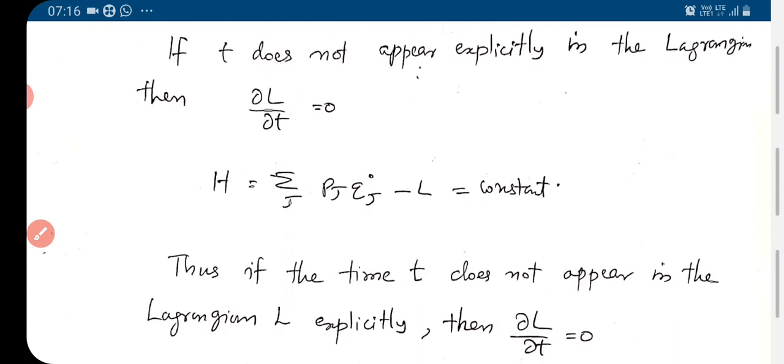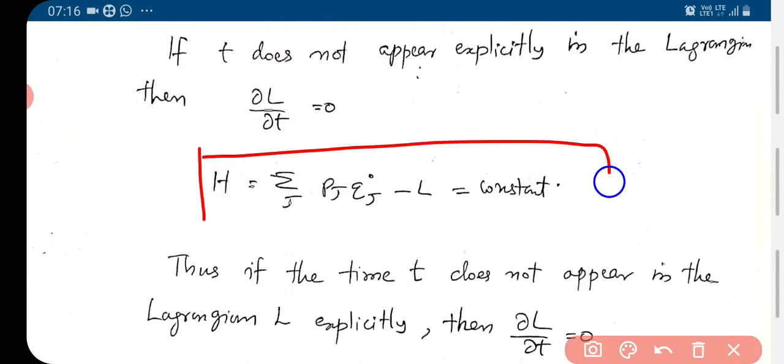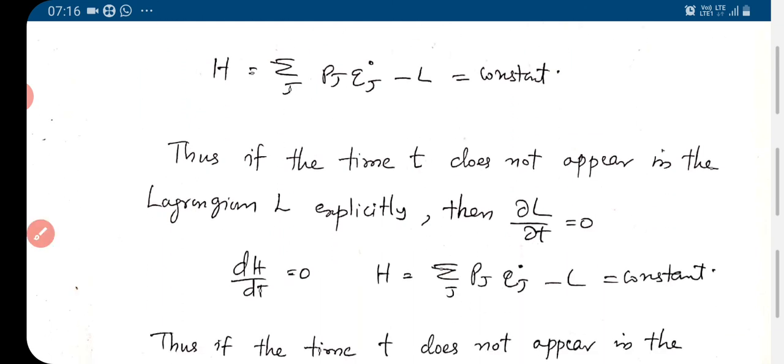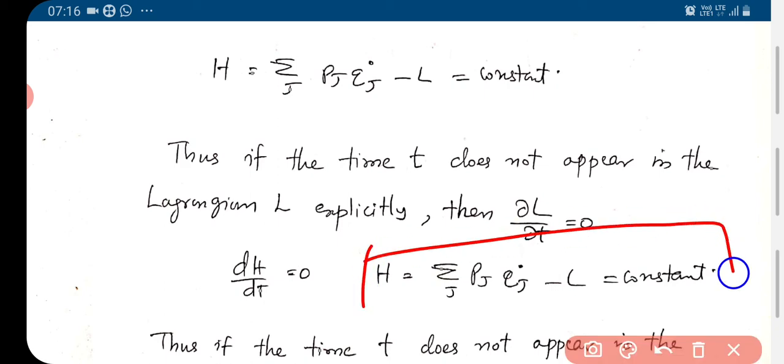So H equal to Σj pj q̇j minus L, that is a constant.